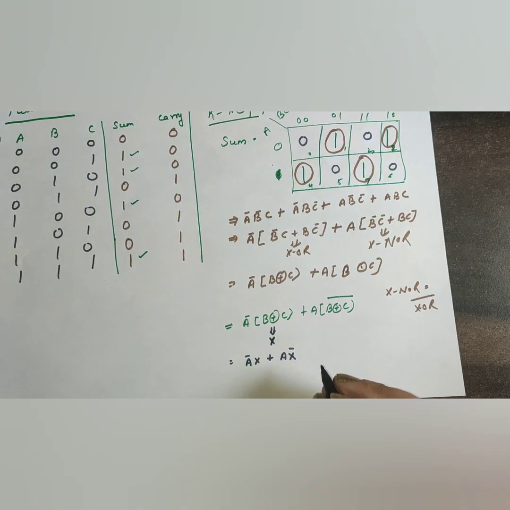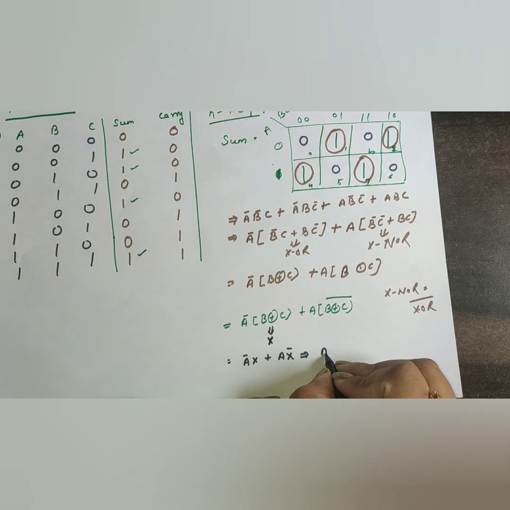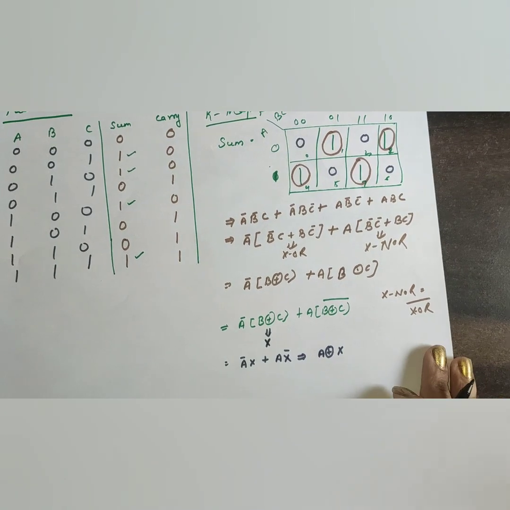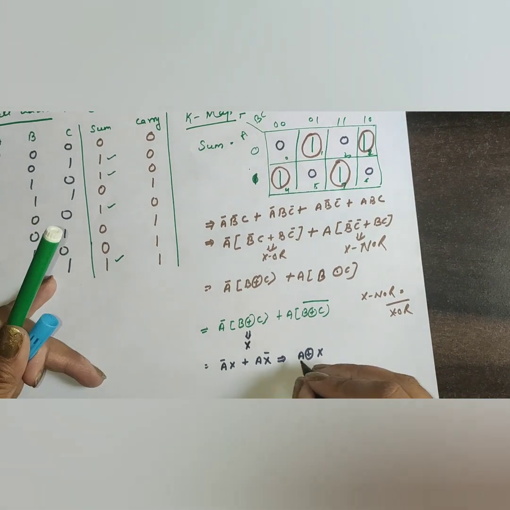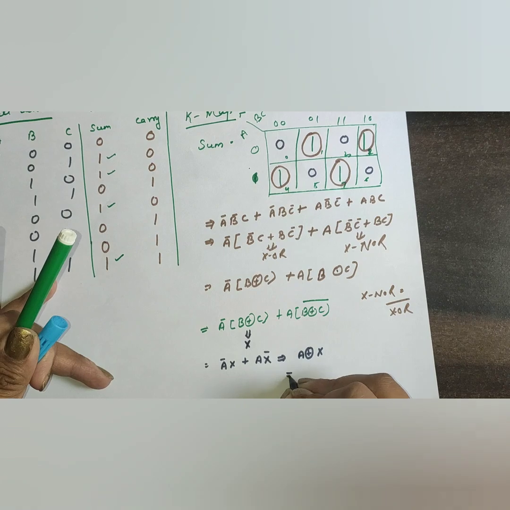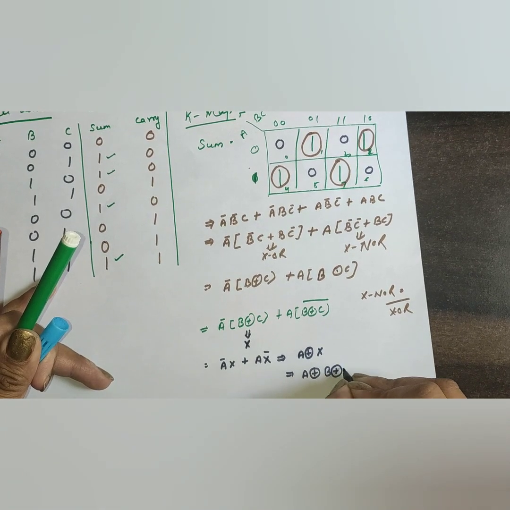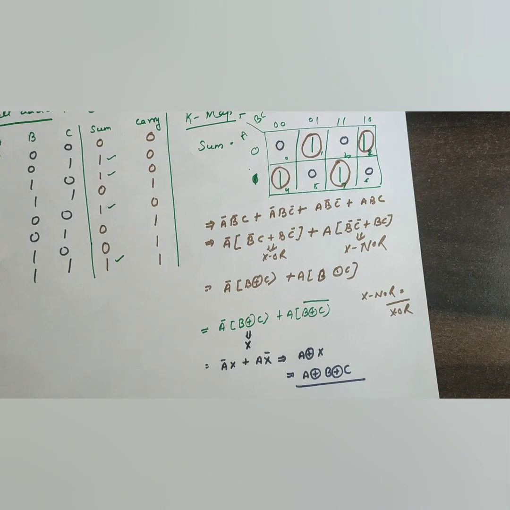You can check, so it can also be A XOR X. So X is B XOR C. So it can be A XOR B XOR C. It can also be this.